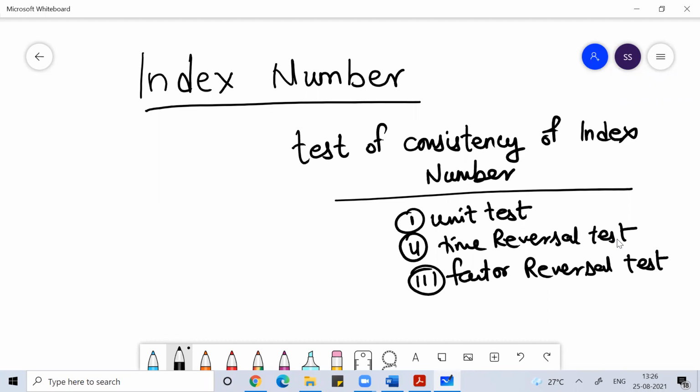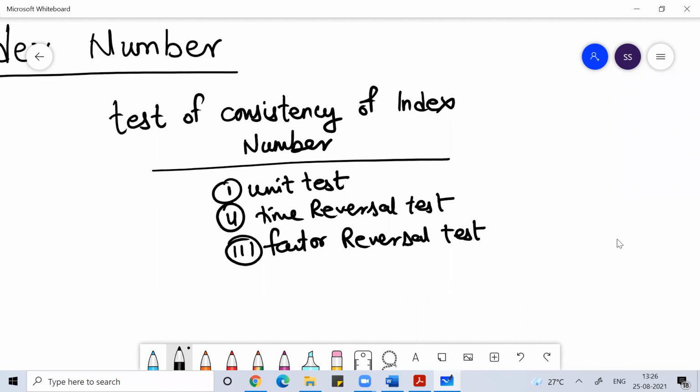The factor reversal test says that when you are doing the calculation, the product of the price index number into the quantity index number should give you the value index number.